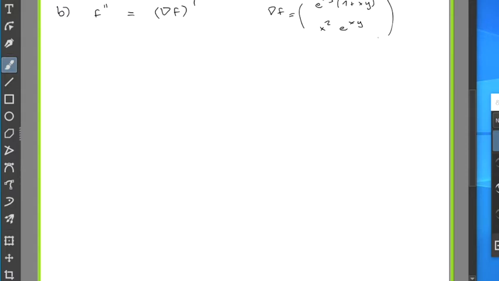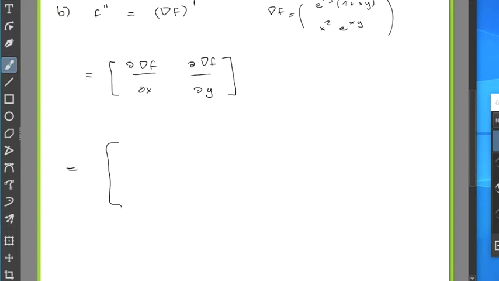And that matrix is given by the two partial derivatives of the vector field written next to each other. So this formula is only true when we write the gradient as a column vector. Okay, so let's calculate those partial derivatives.